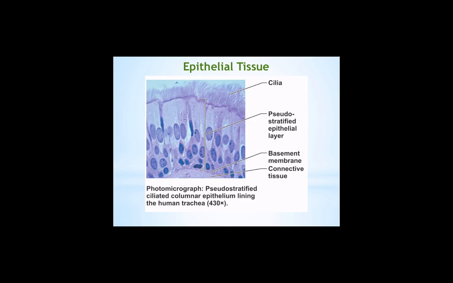These are used for moving mucus and foreign material up the trachea, which is where this tissue is taken from. But this type of tissue also occurs in the nasal pharynx, and the cilia move material backwards into the pharyngeal area.